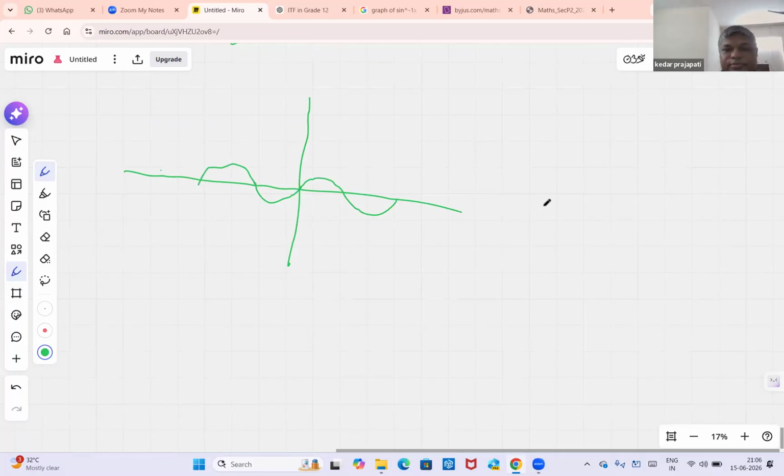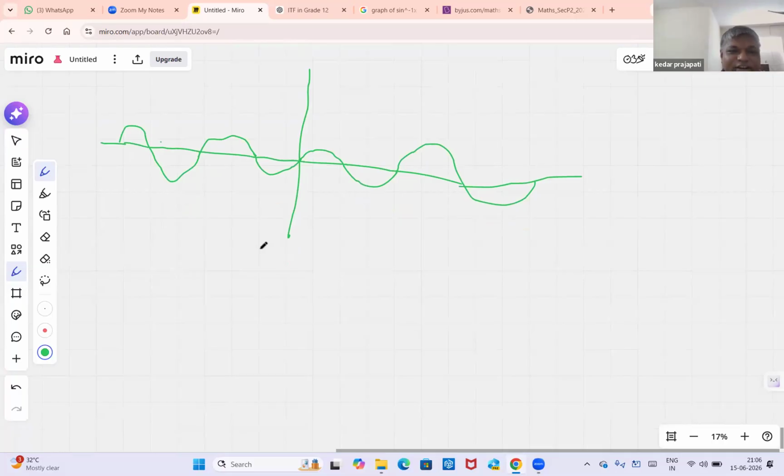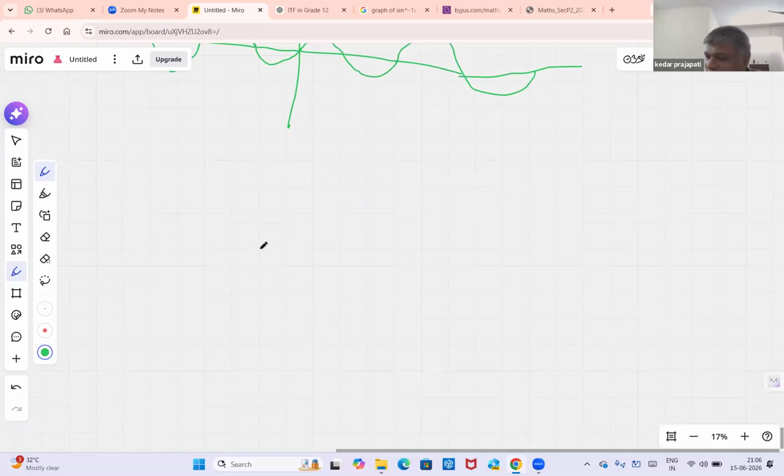Again, if you just further draw it, it will keep on moving like this. Right? So what did I say? Now I have to select a straight line. Let me draw it very neatly for you.